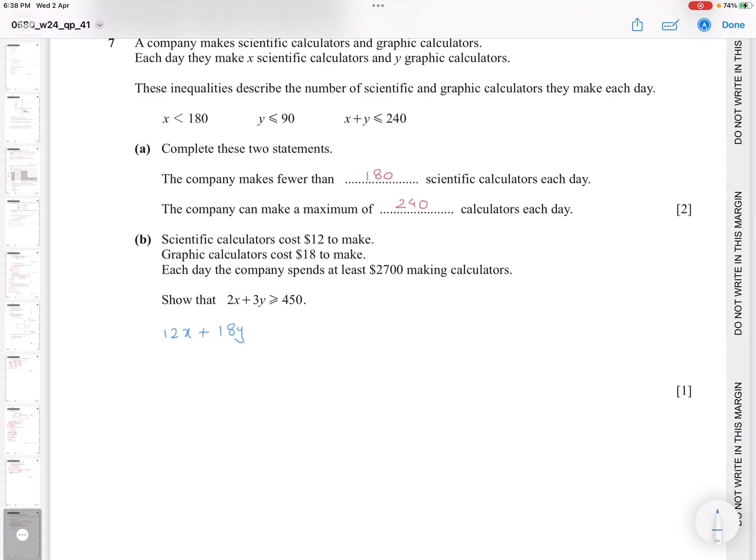Suppose I say at least 5, it means 5 or more than 5.